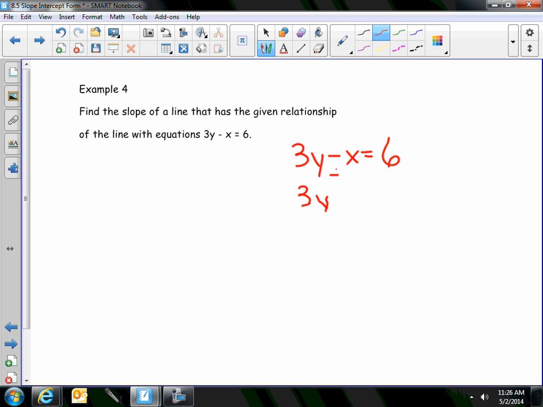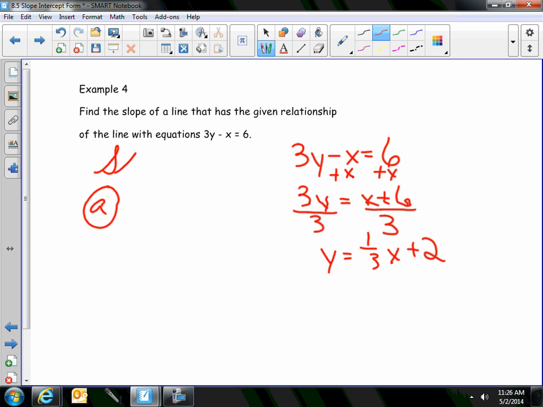We're going to add x to each side. 3y is equal to x plus 6. Next, we're going to divide each side by 3. y is going to equal 1/3 x plus 2. Now we can determine that our slope is 1/3.